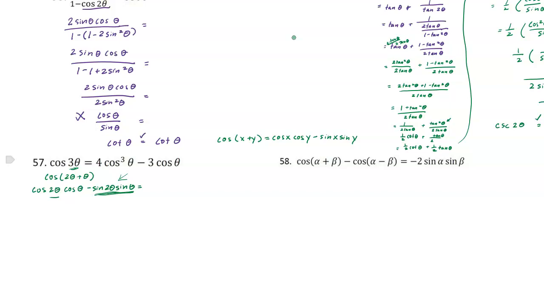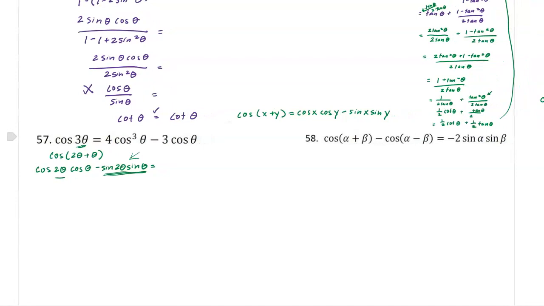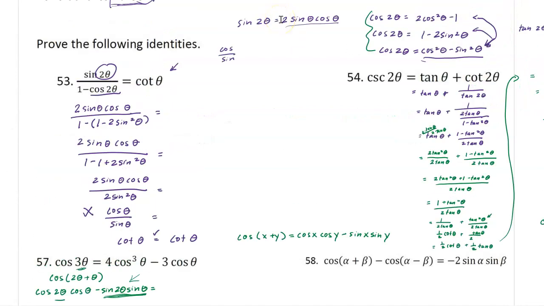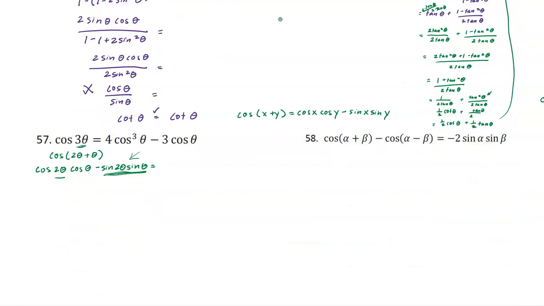I might regret this, and this might become a really long video, but I'm going to try to use this cosine on it. I'm going to use a 2 cosine square theta minus 1. Why? Because I just live dangerously. 2 sine of theta and cosine of theta.